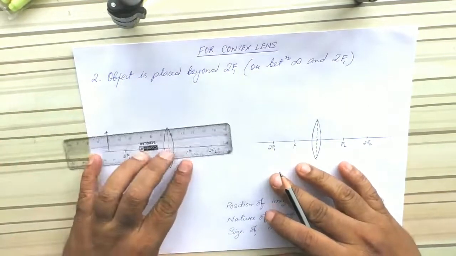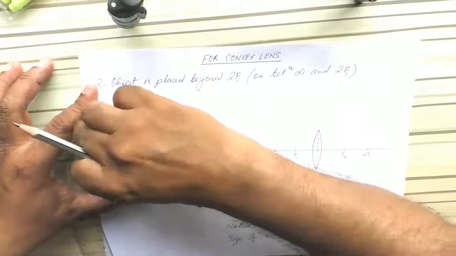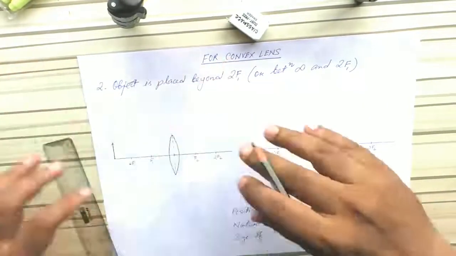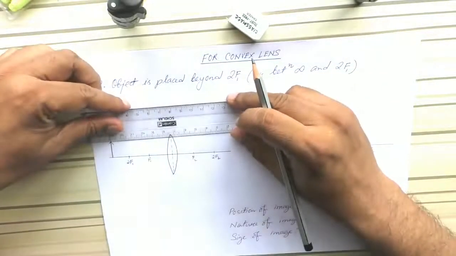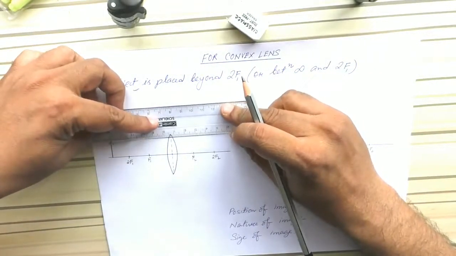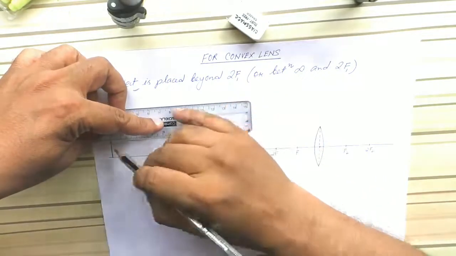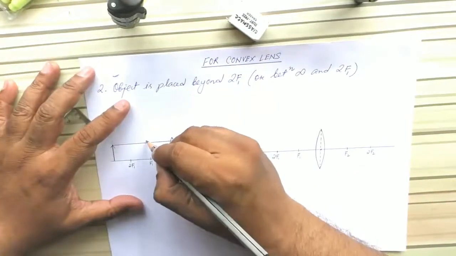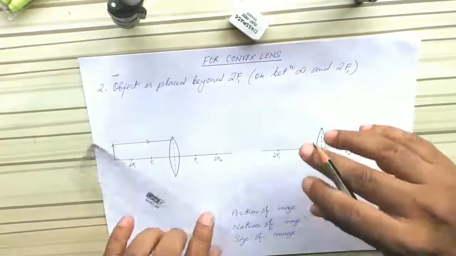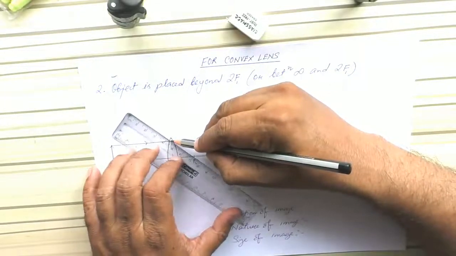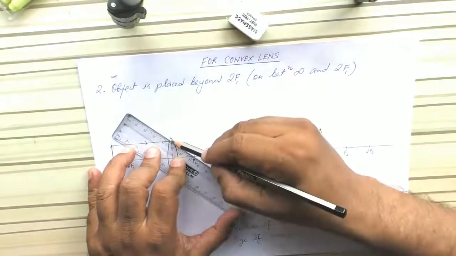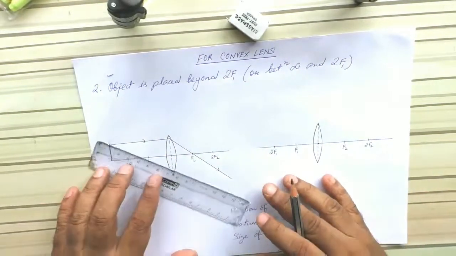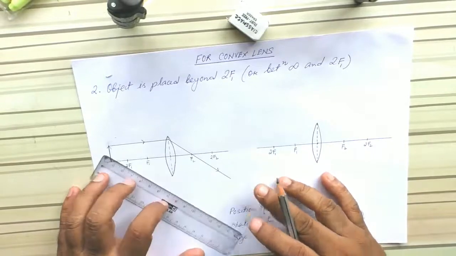And from the top of the object, we will have to draw the incident ray. The incident ray, it is parallel to the principal axis, and according to the rule, this light ray will pass through focus. Then second one we can consider from optical center.